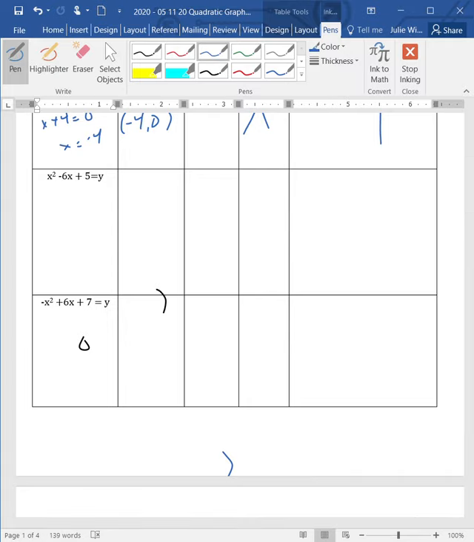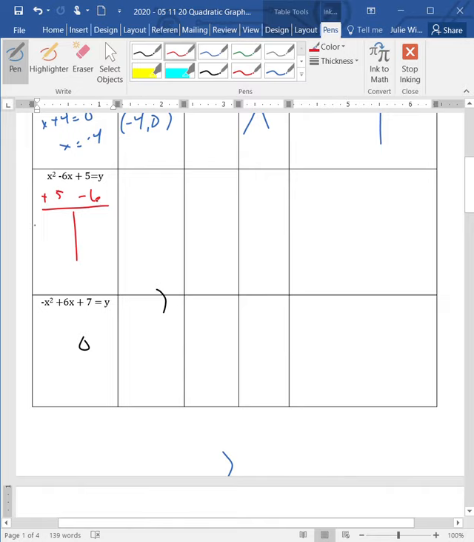So I'm going to erase these two over here. Okay, and so my next one is x squared minus 6x plus 5. Alrighty, let's see. So if I were to ask you to solve this, you would probably want to factor it. You could use the quadratic formula, but you'd probably want to factor it. And you would say, well, I need factors of positive 5 that have a sum of negative 6, right?